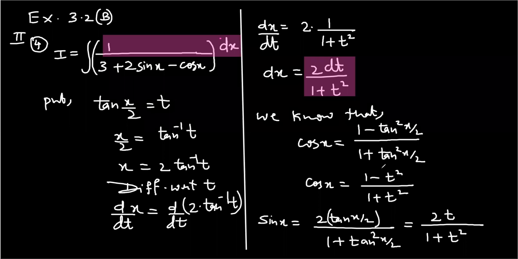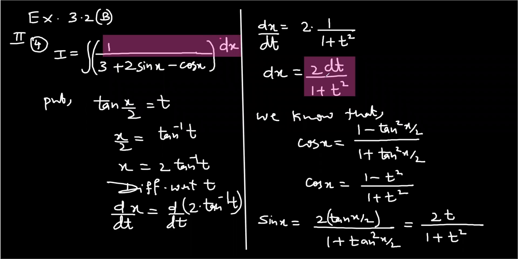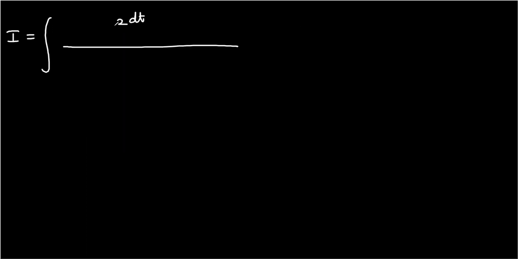So now, having done all this, the next step would be to write the integral totally in terms of t. So the new integral which I will write will be in terms of t. So for 1 dx, what are we going to write? We are going to write 2 dt upon 1 plus t square.